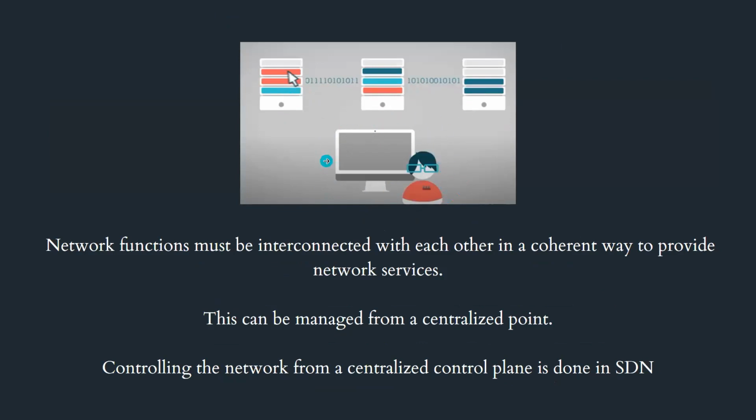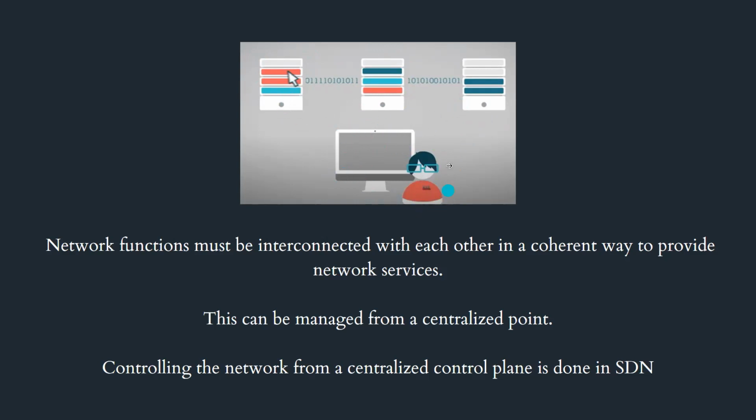And the SDN controller is responsible for controlling the data communication between devices in the network mainly. Apart from that, the SDN controller can also configure each of the servers or each of the network devices.